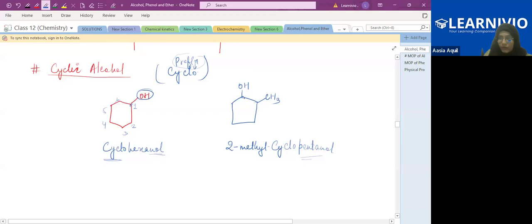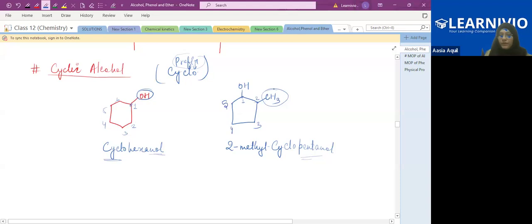So this is the carbon to which the hydroxyl group is attached, the first carbon, right? And in which direction will you move, to the right side or the left side? Obviously the right side, because here the substituent is there. Methyl group is attached. Okay, this is the second position, third position, fourth and fifth position, right?